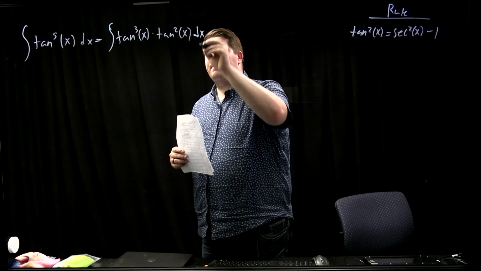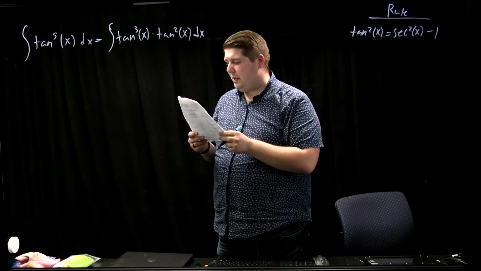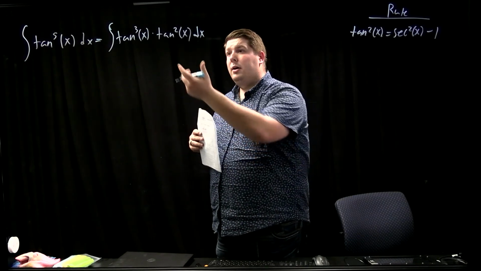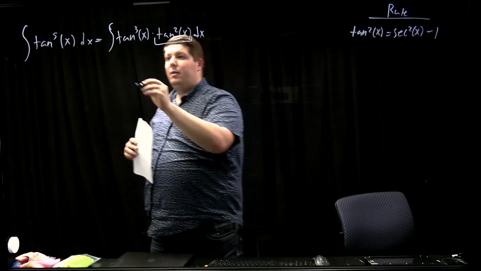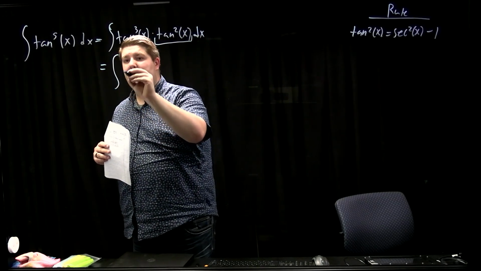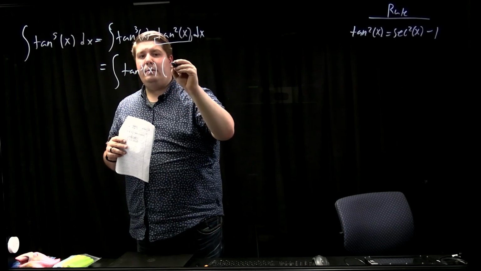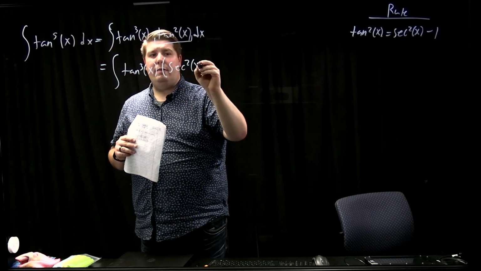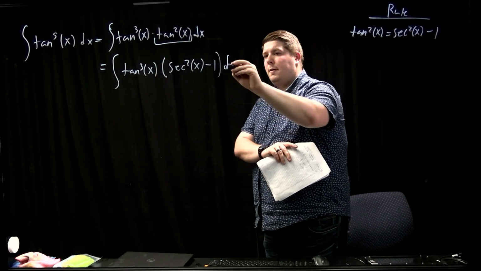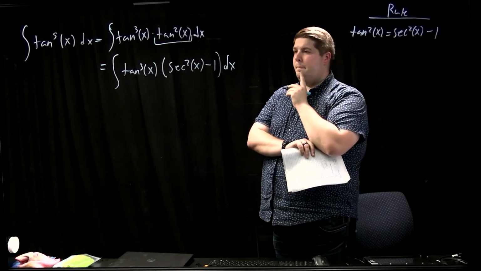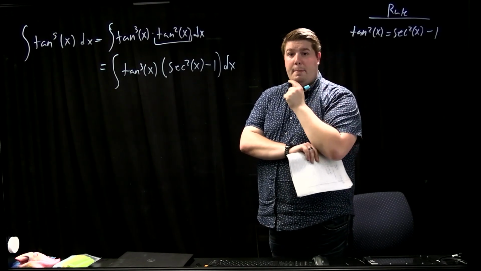dx. So we have this tangent squared of x. Well, that is equal to tangent cubed of x times secant squared of x minus 1 dx, because of our trig identity that we have here.